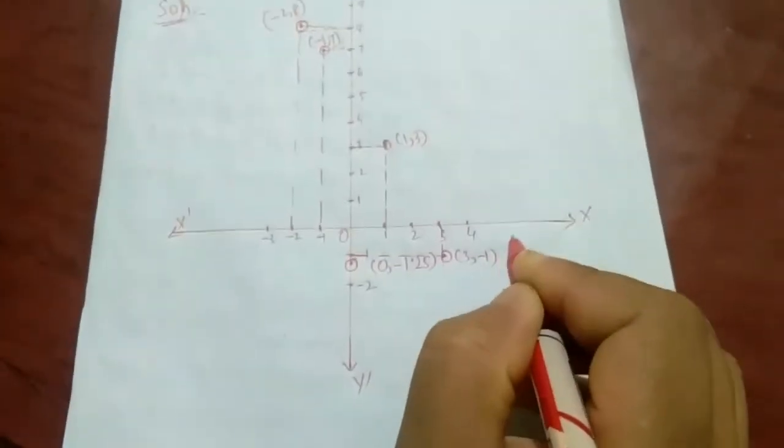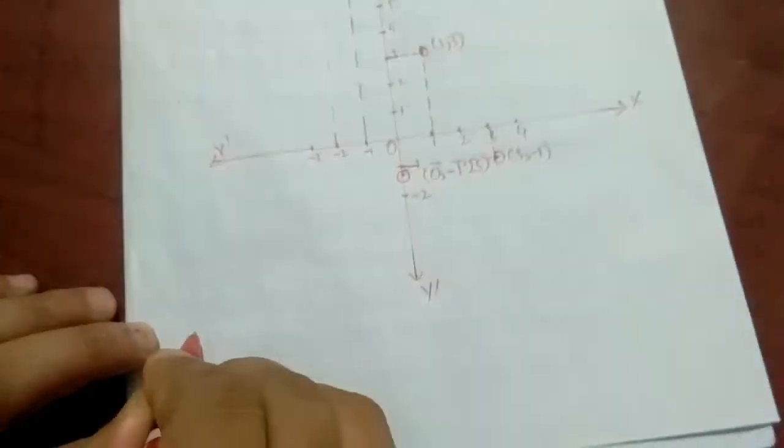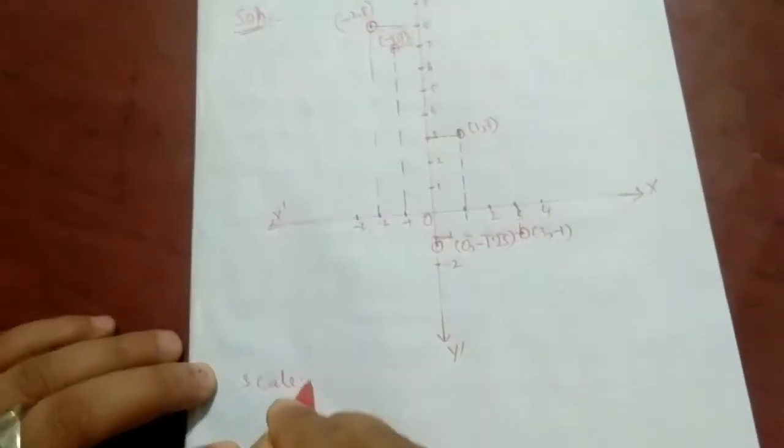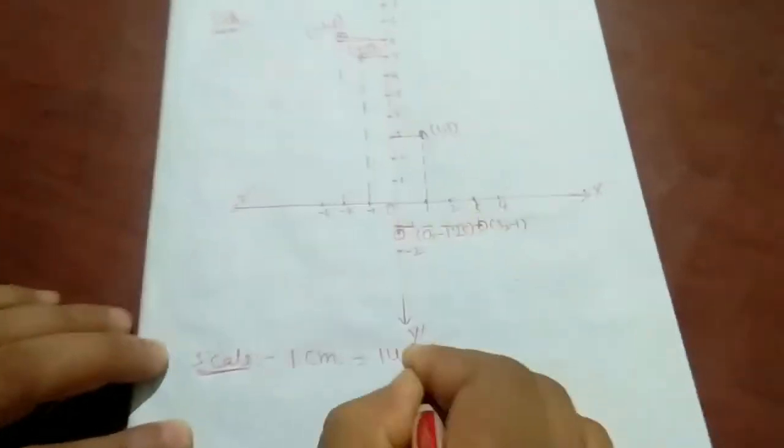All right, now we have to write the scale. What scale have we taken? We have taken 1 centimeter equal to 1 unit.